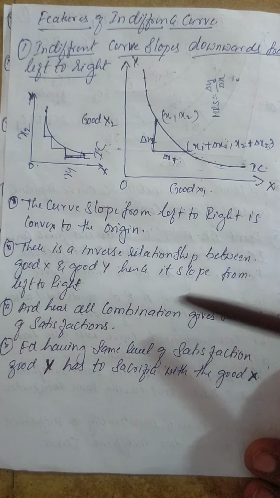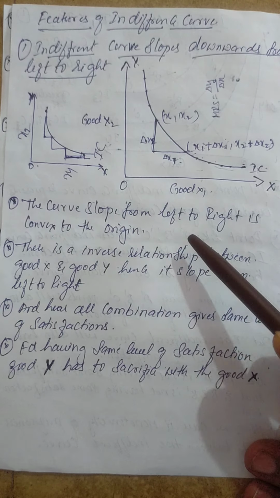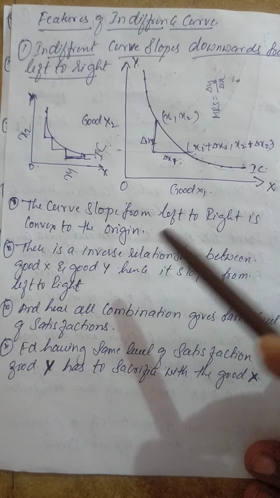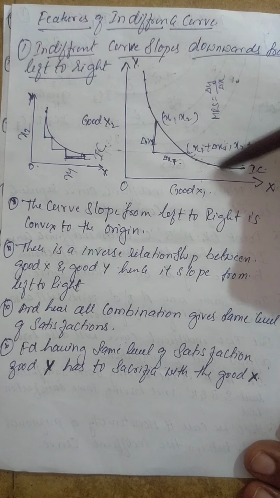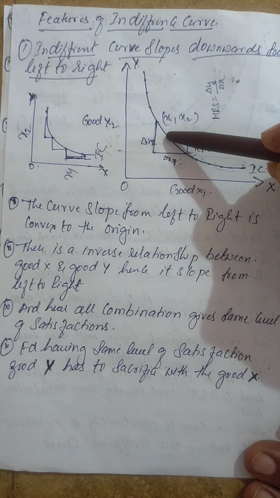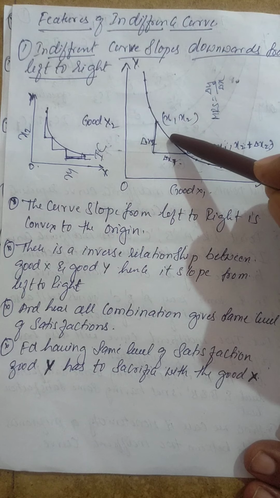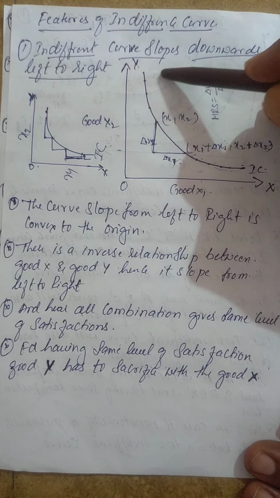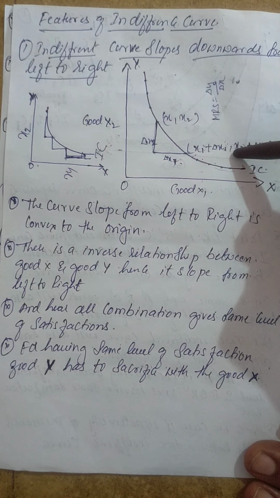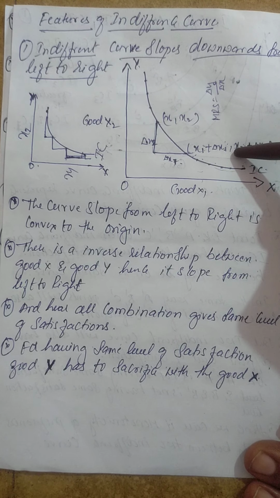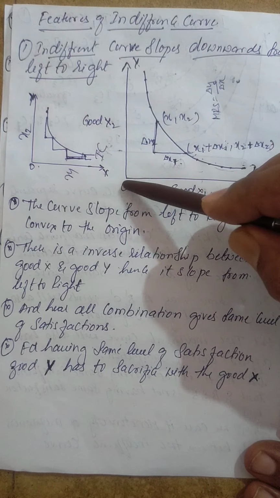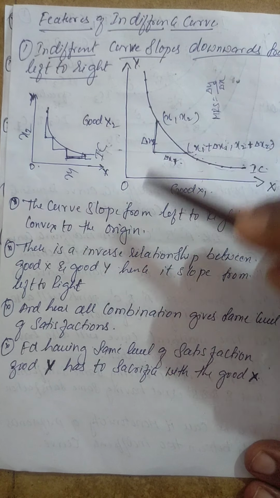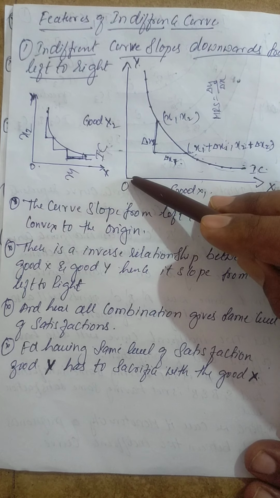So what is the point? Let us see. The curve slopes from left to right and is convex to the origin. Yes, this is called convex to the origin. This is the origin and the curve is convex in nature. If the curve comes like this, we call it convex. If the curve comes like a semicircle like this, we call it concave. So it is not concave, it is convex to the origin.